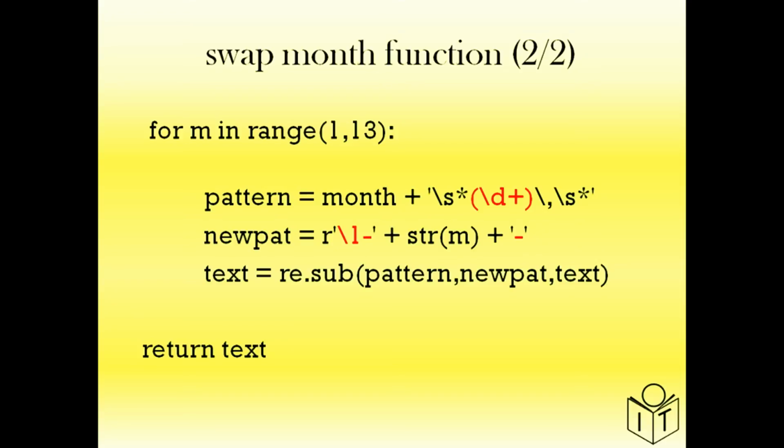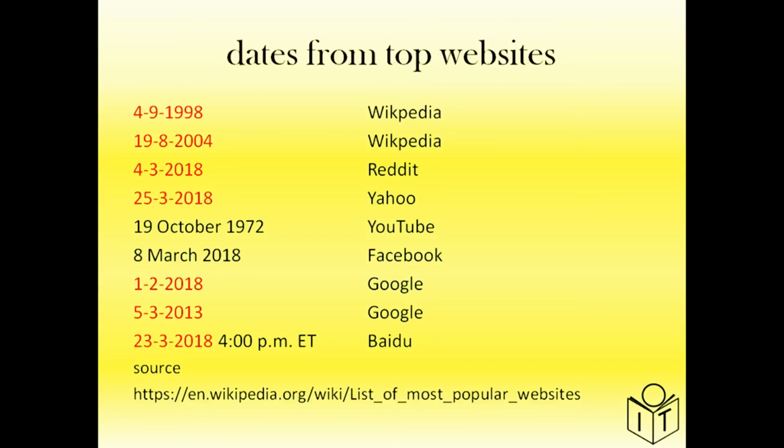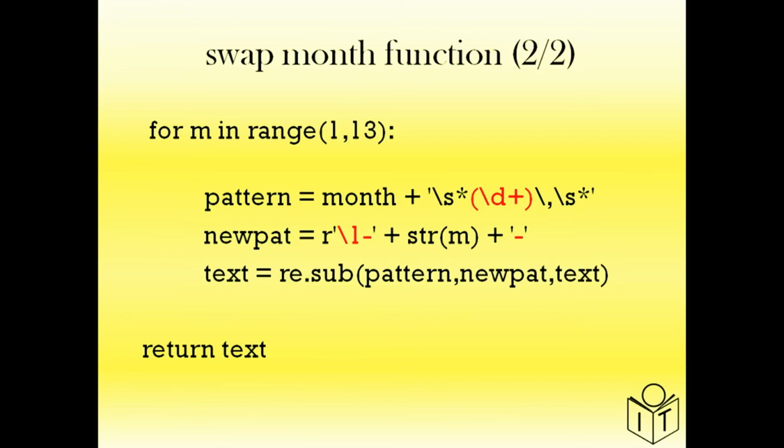Now that worked. So the brackets \d+ is still going to take out the days, and then we're going to change the order from month day to day month. So if we return that text from that for loop, we can see that that's matched a lot of the dates, and also we can see in the new pattern I've used the dashes and the number, which is the iterator from the for loop, which is 1, 2, 3 up to 12.